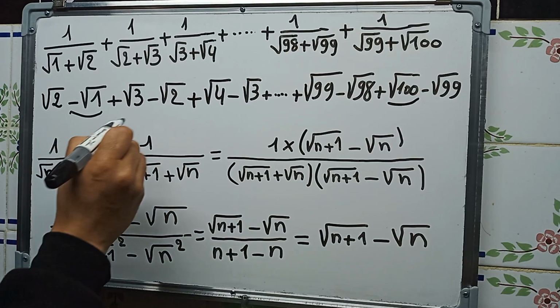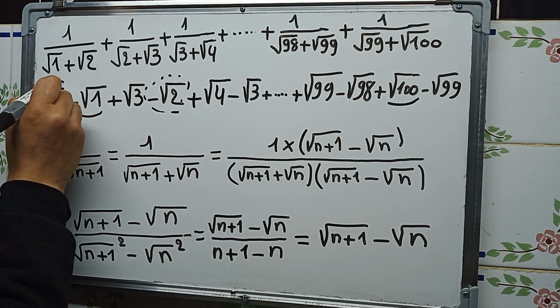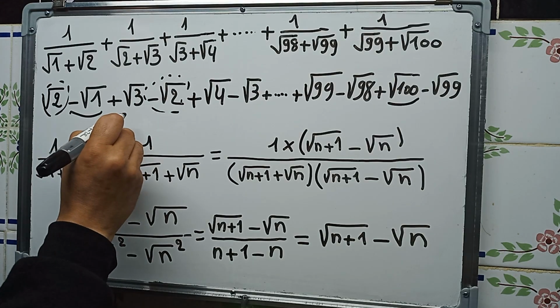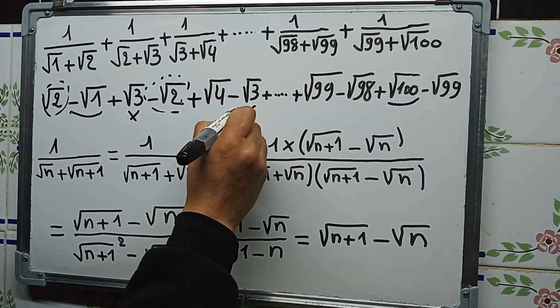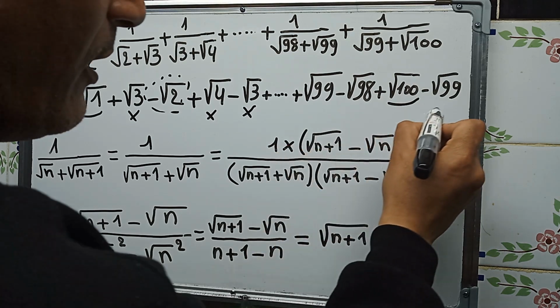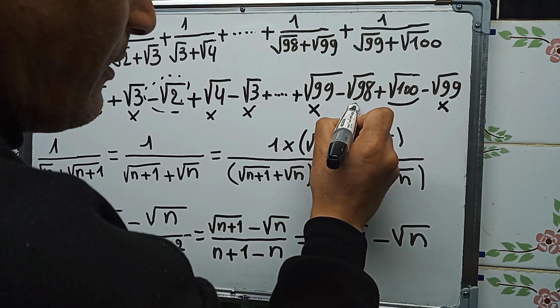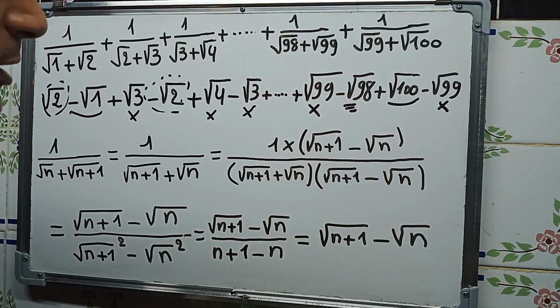So here you see this one will cancel with the first one, and this one with the other one, this one with the next one, and also this one will cancel with this one, and this one will cancel with the previous one.